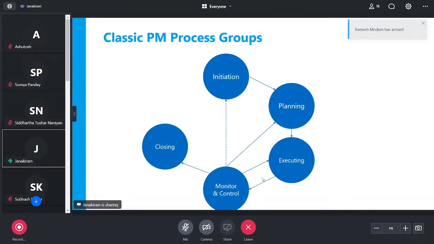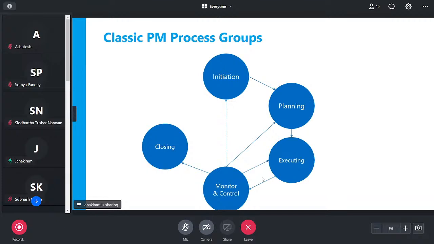All the planning gets done in the planning phase, and execution is where you follow the plan and the baselines in it. Monitor and control goes hand in hand with execution, where it checks whether the project is going as per plan. If there is any deviation, monitor and control is where we get the project back on track. And finally, we close the project. This was a classic set of PM process groups. This is completely process based, as you can see.